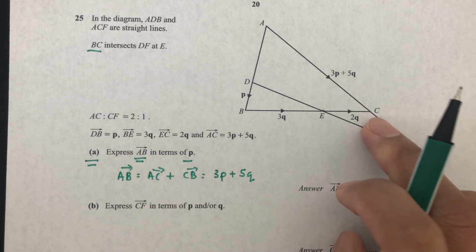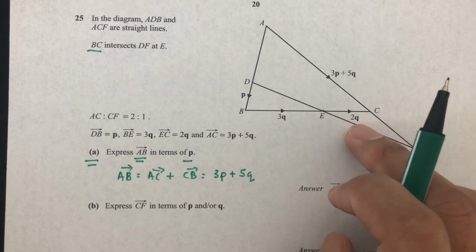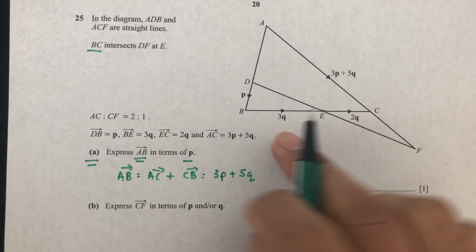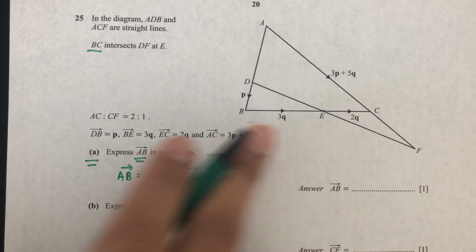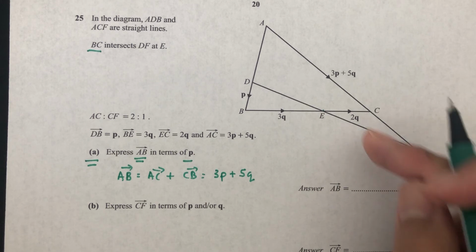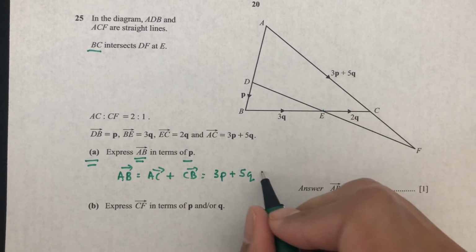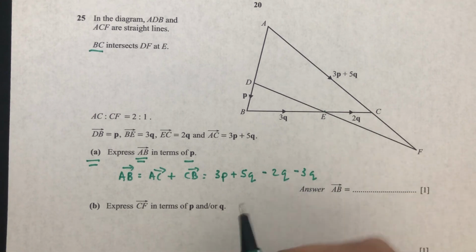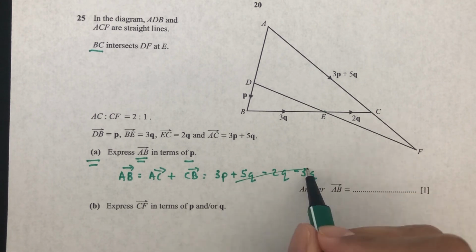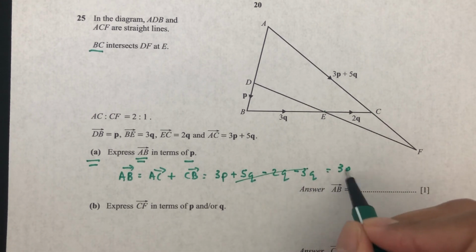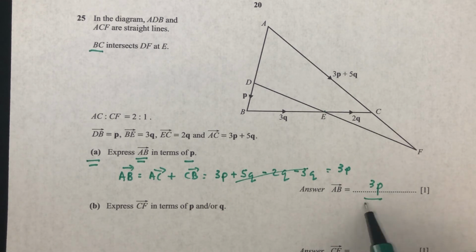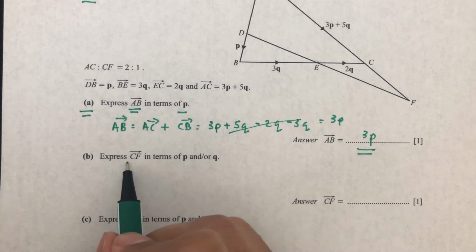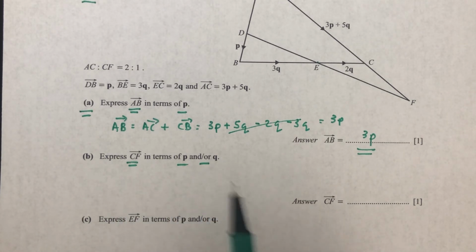Then from C to B, it will be minus 2Q, because 2Q is in this direction; if we go this way, it will be minus 2Q minus 3Q, which is minus 5Q. So the answer will be 3P. AB is 3P.